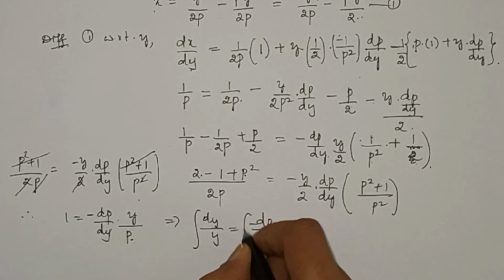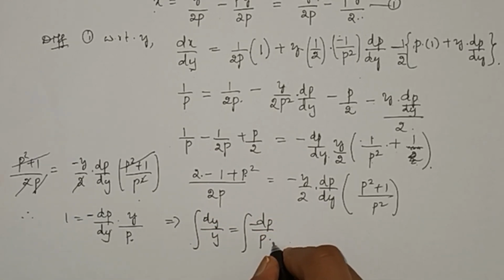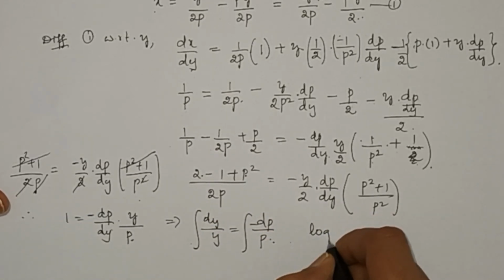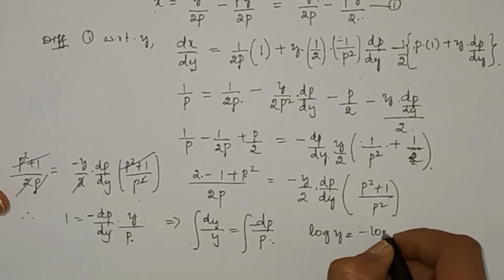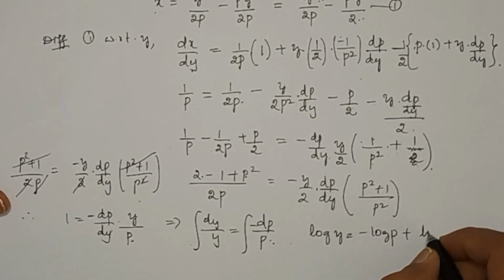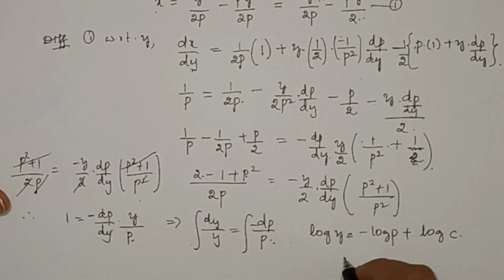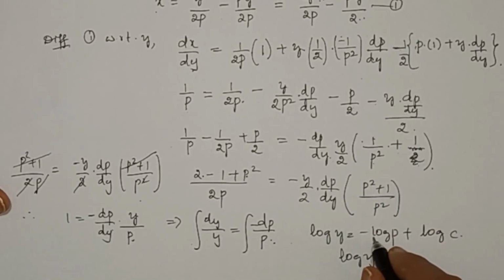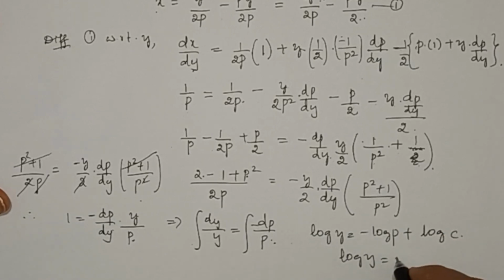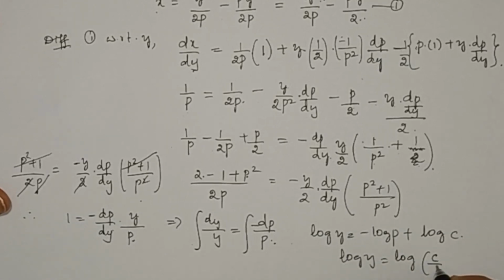So integrating on both sides, we get log y equal to -log p plus a constant of integration, which I'll add as log c. This is the natural logarithm. So you'll get log y equal to log m minus log n is log of m/n. So log of c/p.